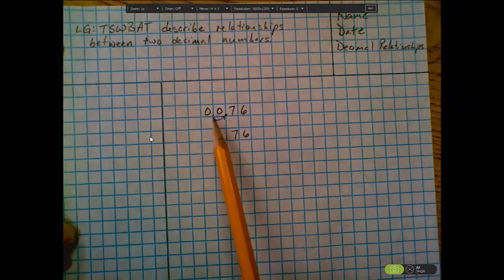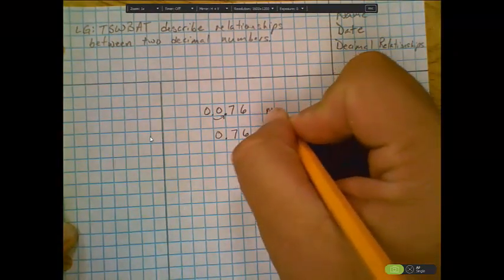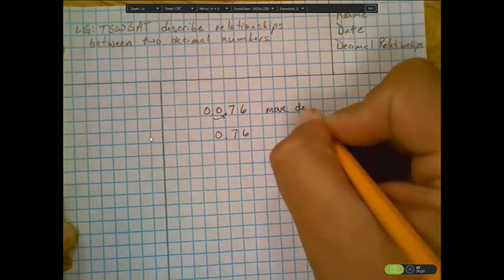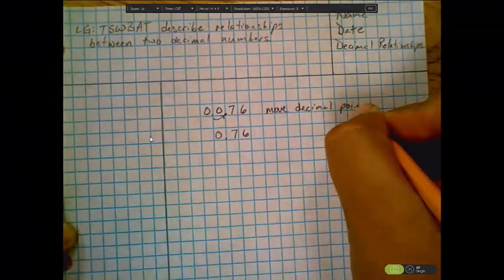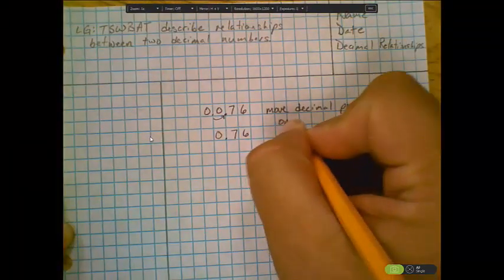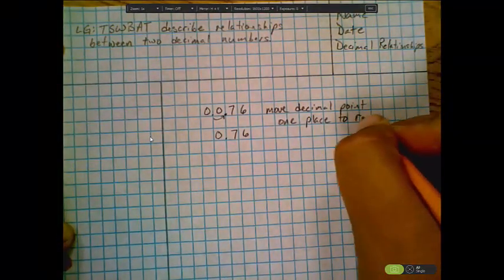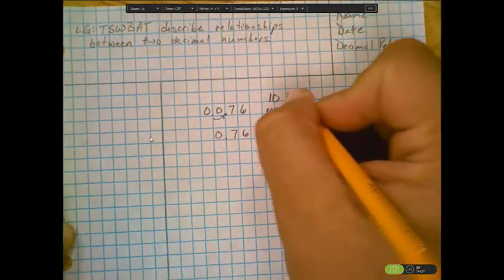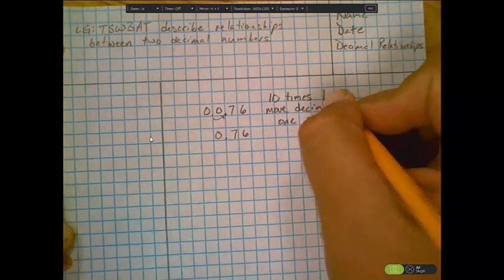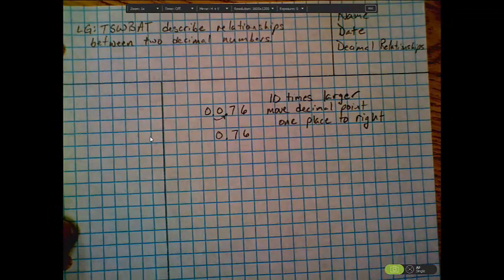And so 76 hundredths is 10 times 76 thousandths. So again, just remember, when we want to go 10 times as much, we move the decimal place one place to the right. And that's when we want to make it 10 times larger.